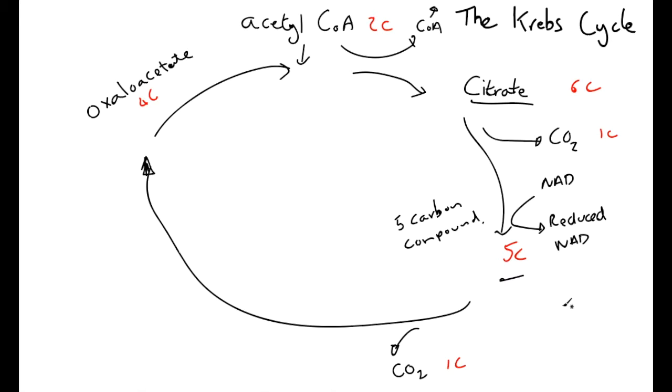Now, remember, you can call reduced NAD NADH. It's the same thing. I'm going to try and squeeze reduced NAD on here. So what we're going to get now is NAD coming in. So it's a series of oxidations, and you get your reduced NAD. Reduced NAD leaves.